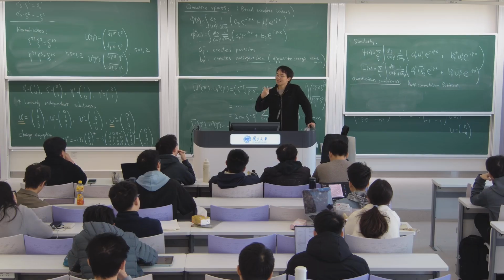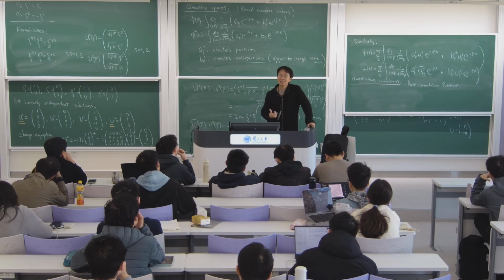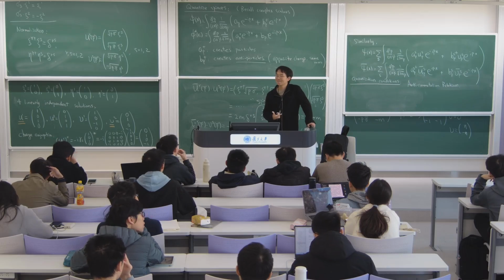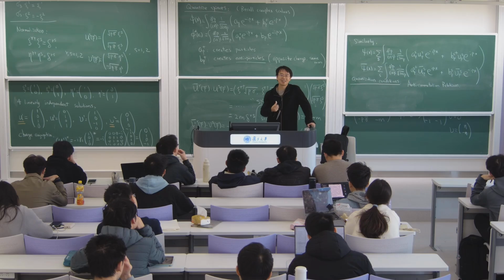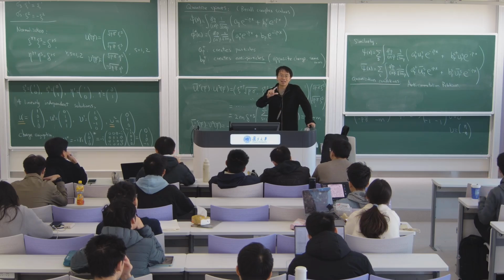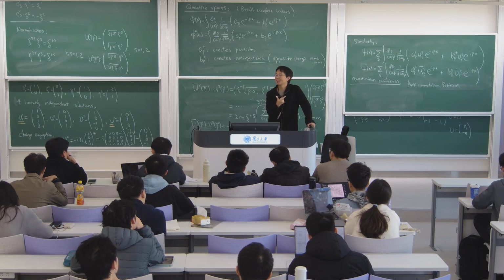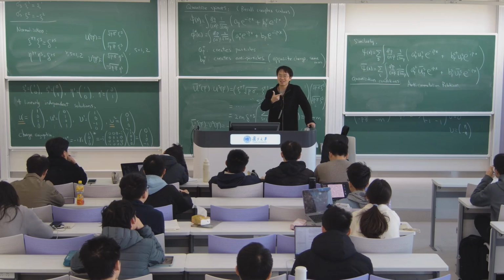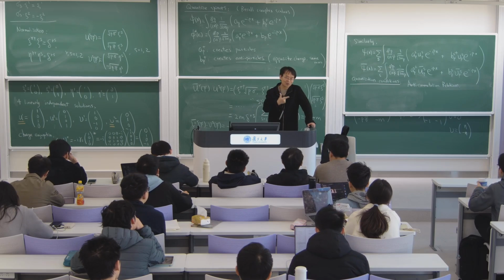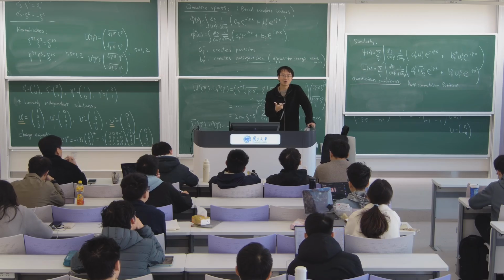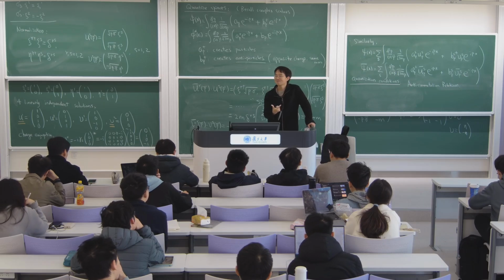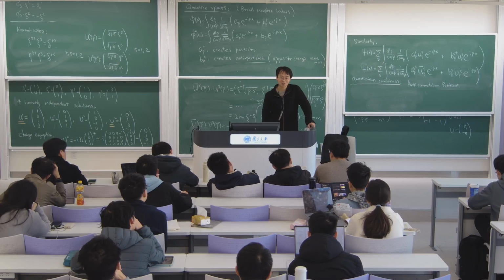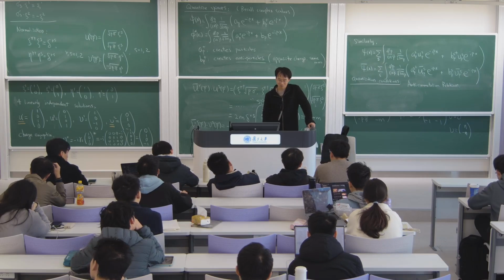Now you use this A dagger operator to create such kind of state, okay? And then what? And then you compute it by switching the order, okay? If you switch the order, the one after the switch and before the switch differ by a commutator or anti-commutator, right? So you can easily justify which one is true, using this one.